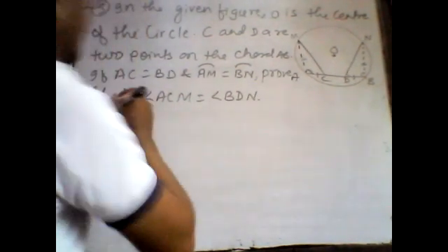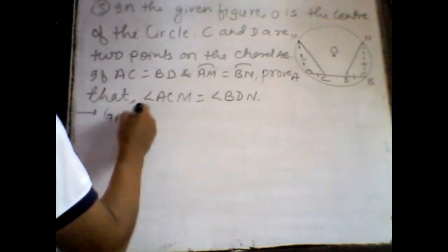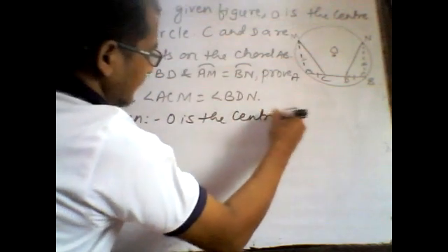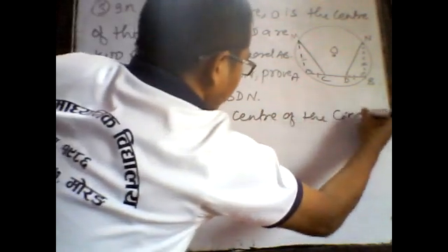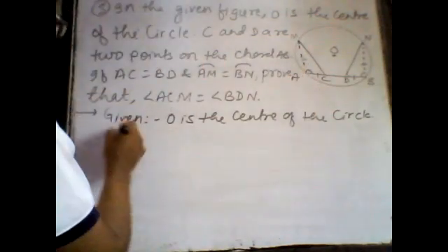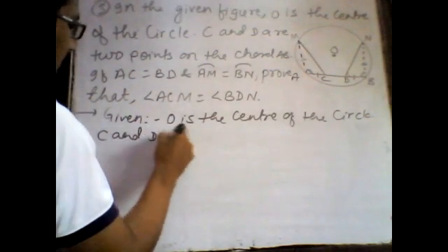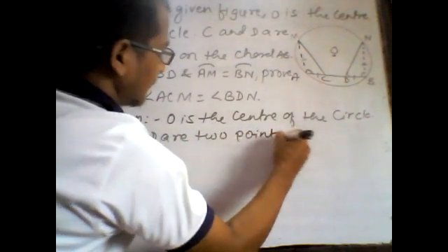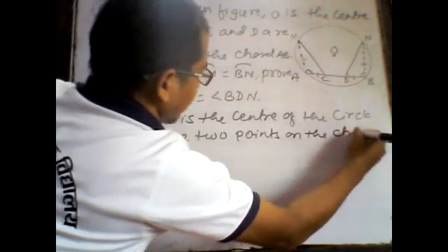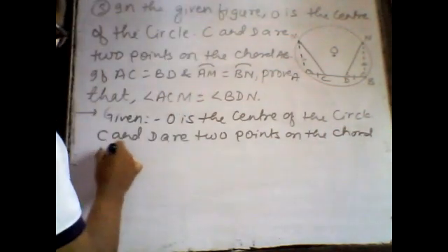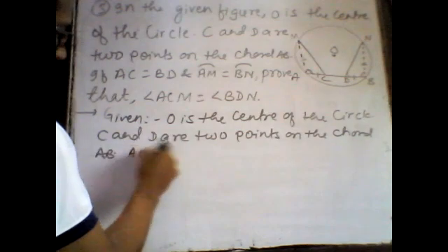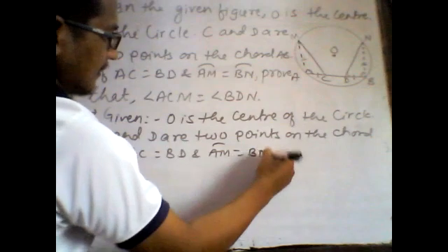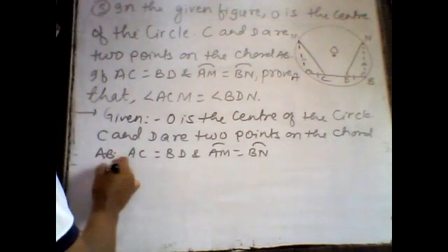So now at first write the given from the question. O is the center of the circle. C and D are two points on the chord AB. AC equals BD and arc AM equals arc BN.